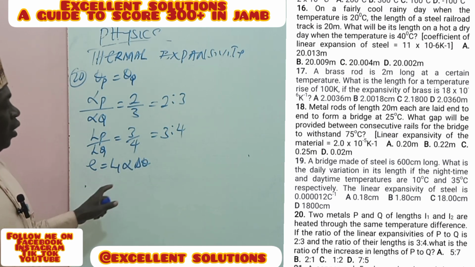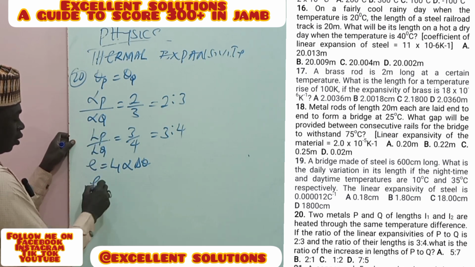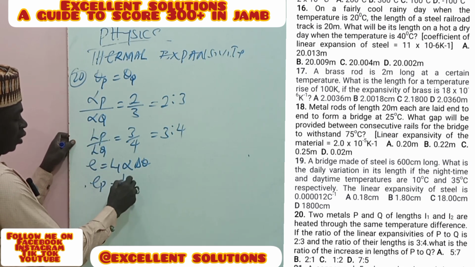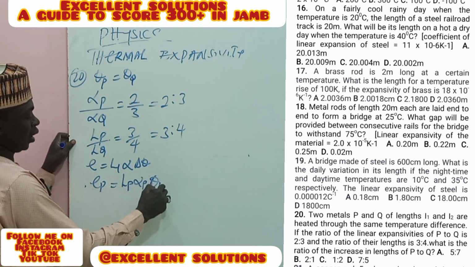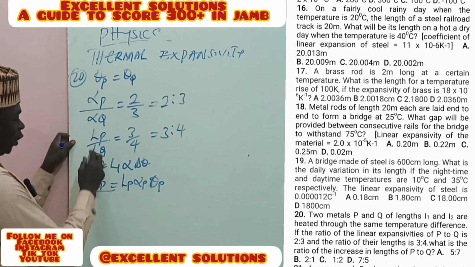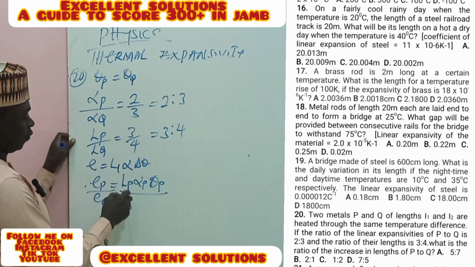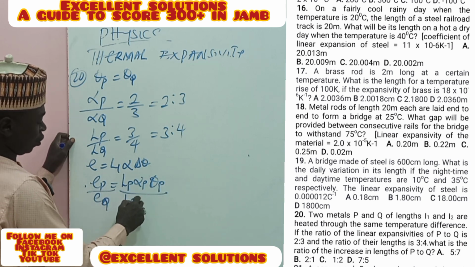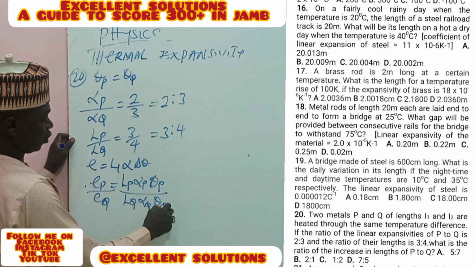So expansion of P is equal to LP alpha P theta over expansion of Q, E of Q, which is equal to LQ alpha Q theta Q.